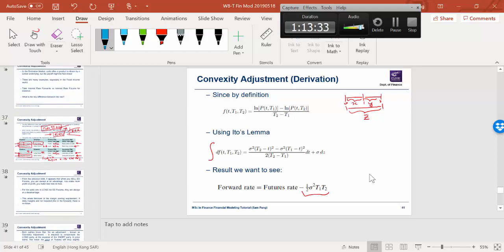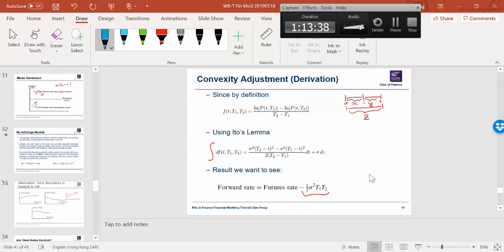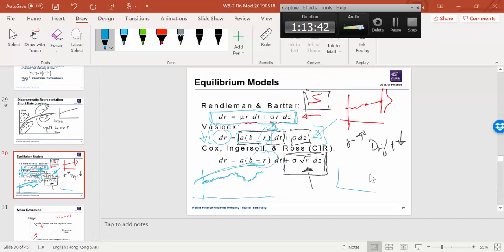So what have we done today? As a summary, we had a recap on the classic, I'll use that word politely, interest rate modeling processes, and there are 3 that are in front of you.